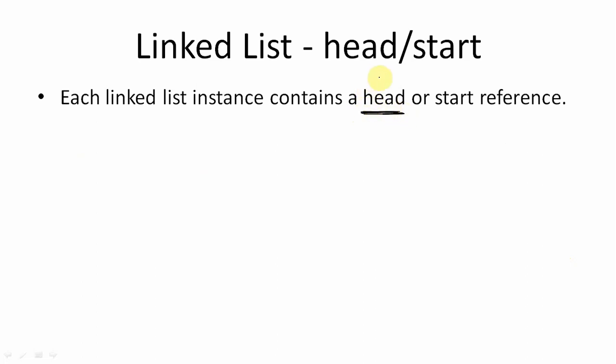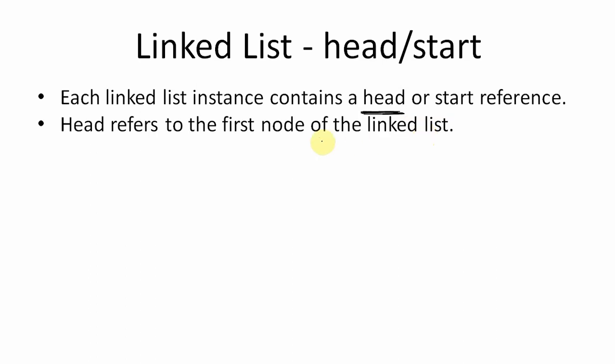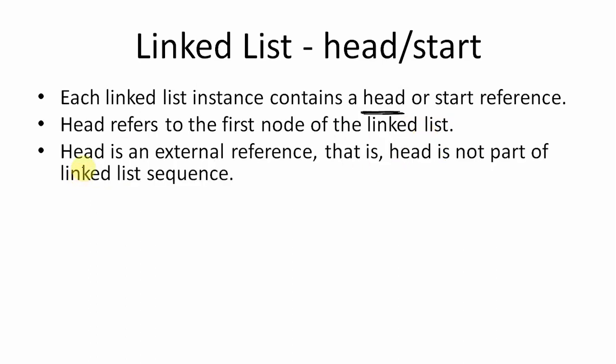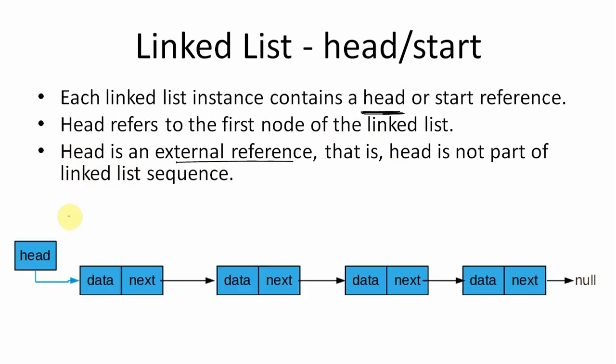Every linked list must contain a head which refers to the first node of the sequence. Head is not a part of the linked list, it's an external reference, so it will refer to the first node like this. This is our head. It will point to the start of the linked list.